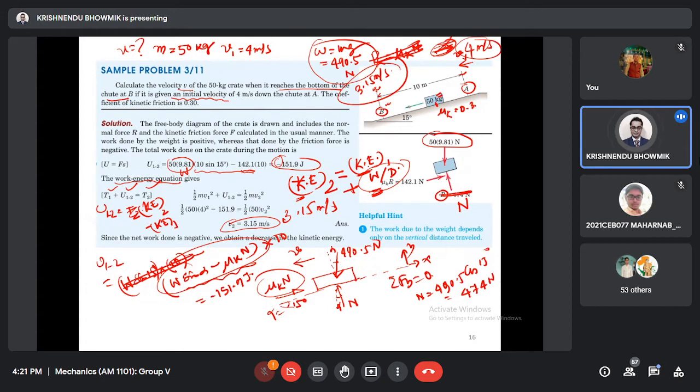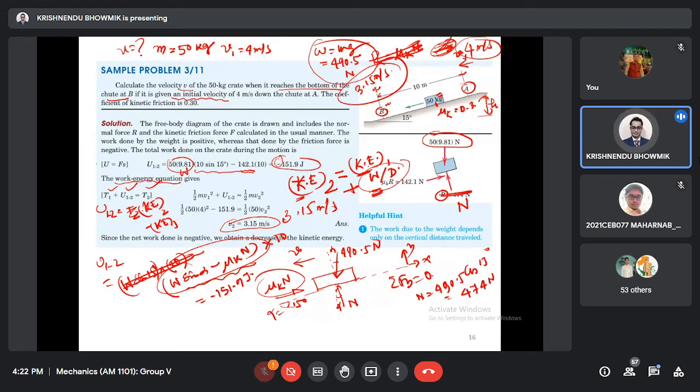The 50 kg crate has moved from A to B, so there will be some height. If it is h, then mgh is that amount of potential energy, which is exhausted. So the velocity is supposed to be higher than 4 meter per second. No, because you have to adjust for the friction force.